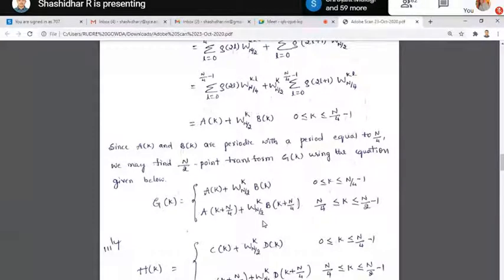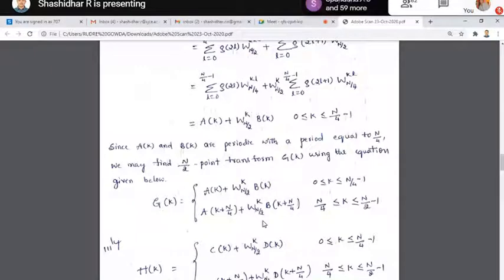What is the original equation? The original equation is G of k plus W_{N/2} to the power of k into H of k. Here for the N values, we divide into odd and even values. So N/2 we can get directly by combining the N/2 values.